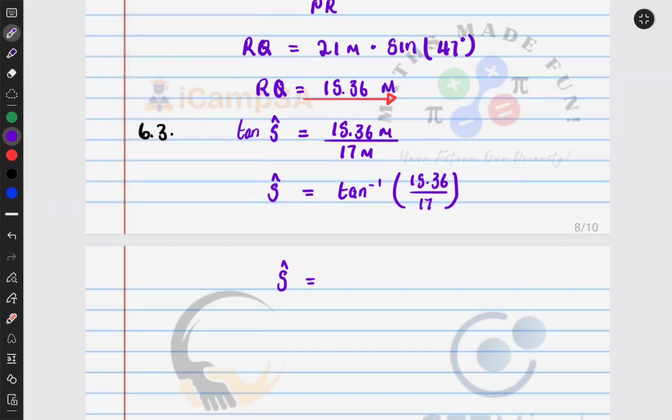Shift tan inverse, punch this in your calculator, 15.36 over 17, and there you get 42.10 degrees.